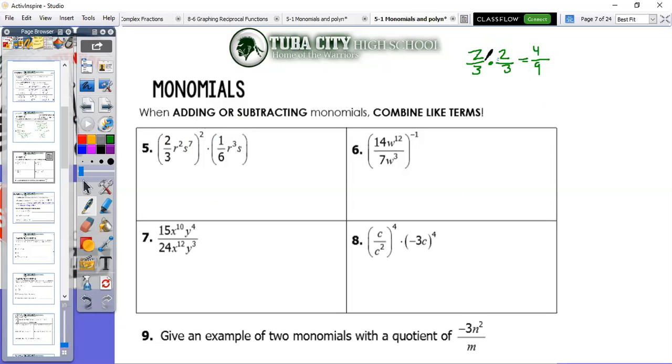So when I square 2/3, I should get 4/9. There you go. And since I'm raising this power to a power, that means I'm going to have to multiply it. So 2 times 2 is 4. And let's go ahead and take care of the s. So s is to the 7 power, raise it to the 2 power. That means 14.